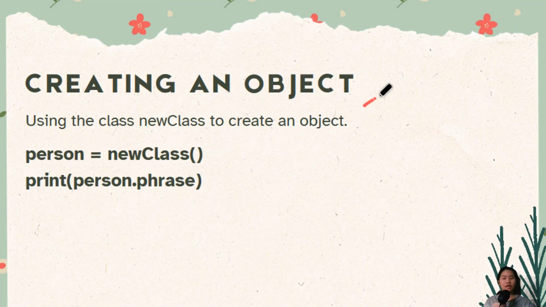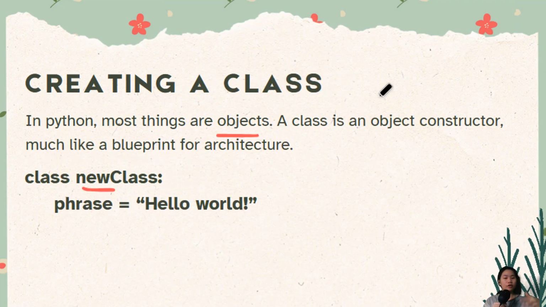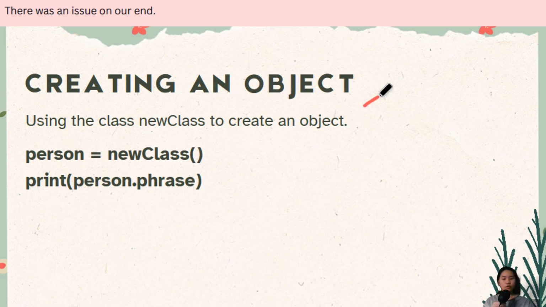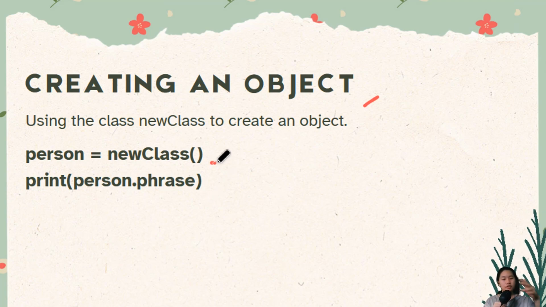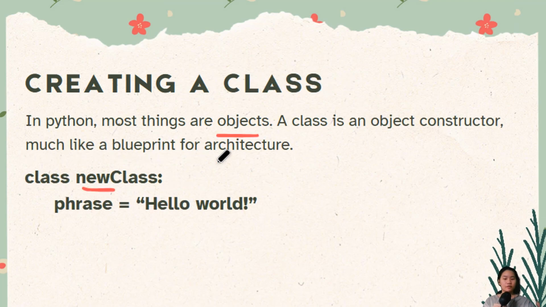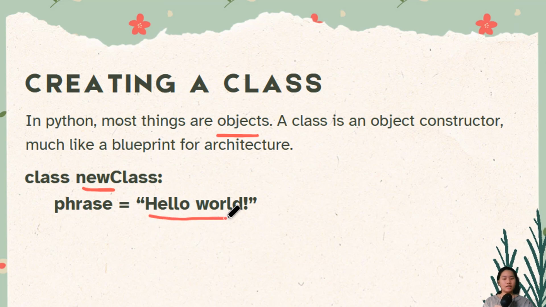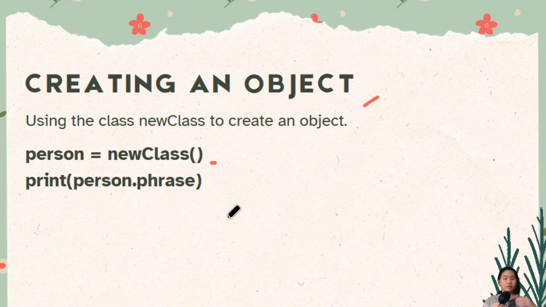Next up, creating an object. We're going to use the same class, new class, to create a new object. I have person, new class, referencing the new class, and then I print person dot phrase. Now, this phrase over here, hello world, has become a property of person.